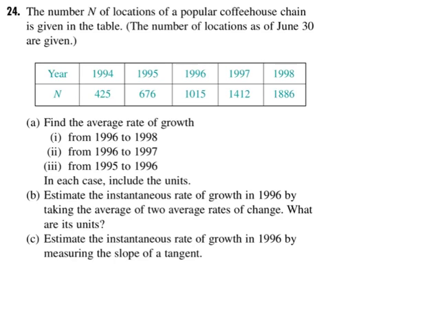Okay, I'm going to start by doing A and Roman numeral 1. So if I want an average rate of growth, then I'm going to use two different points and actually get the slope of a secant line. So an average rate of change is the slope of a secant line. So if I want to get it from 1996 to 1998, I'm going to be using those 2 points.